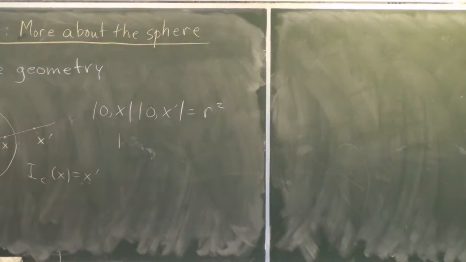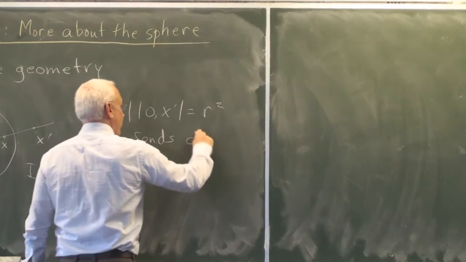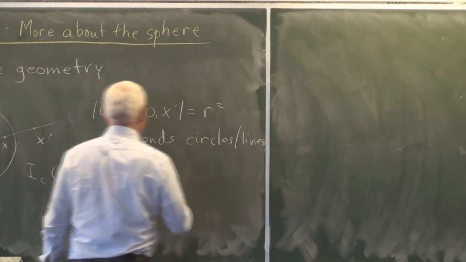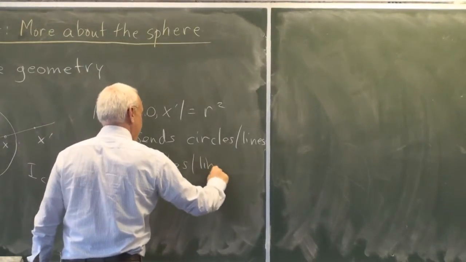The first property of inversion is that it sends circles/lines to circles/lines.